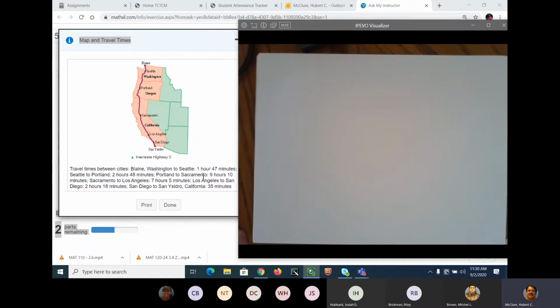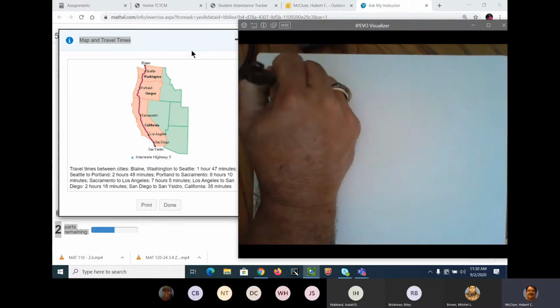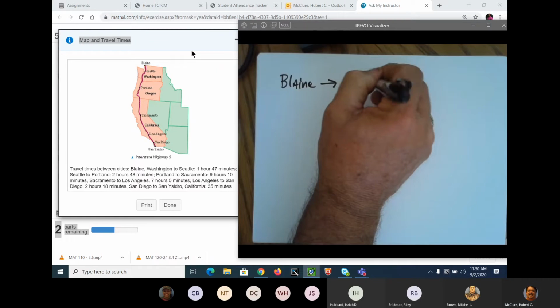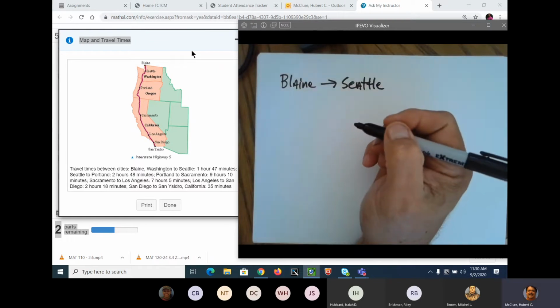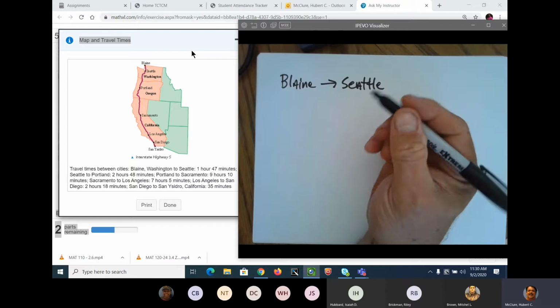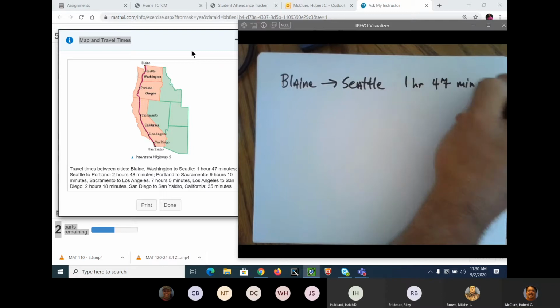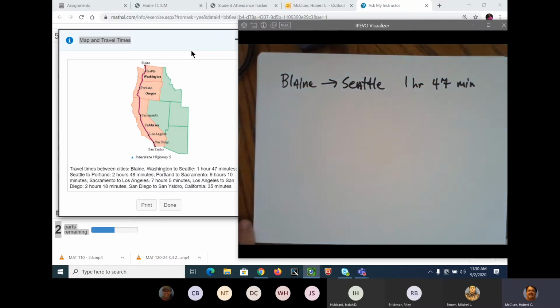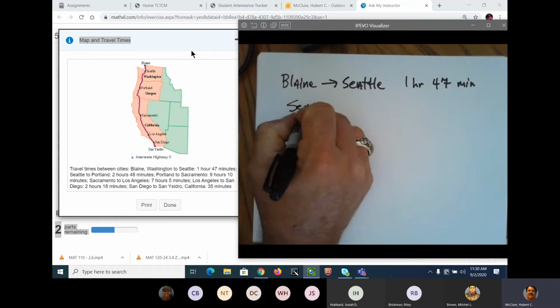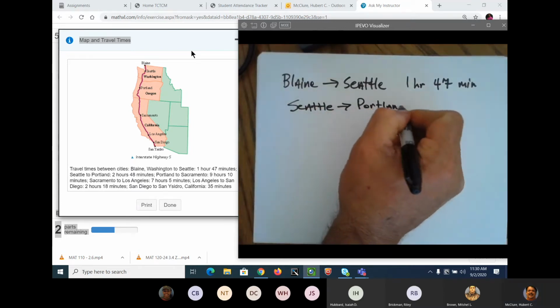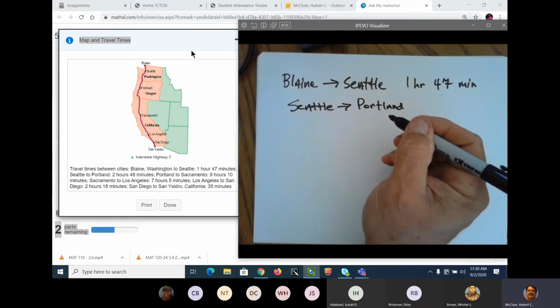Okay, it says travel times between cities. Blaine, Washington to Seattle. So Blaine to Seattle, and she didn't get shot or killed, 1 hour, 47 minutes. Okay. Seattle to Portland, and not getting killed or shot, two hours, 48 minutes.